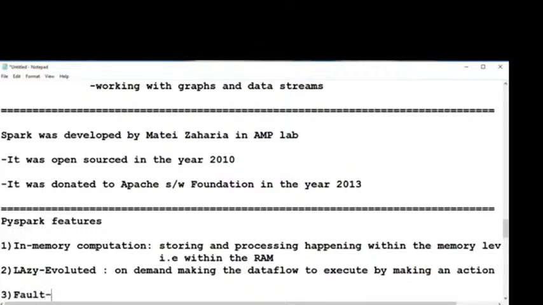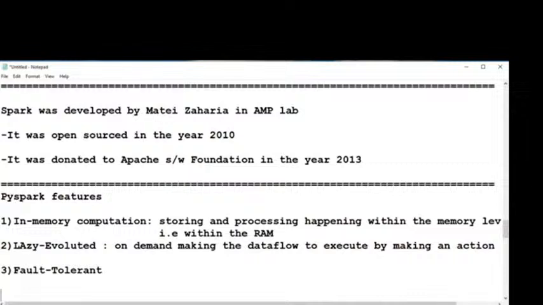Fault tolerant. It has a powerful fault tolerant model. It has the capability that, for example, if any system goes down, it automatically has the capability of getting the lost partitions.